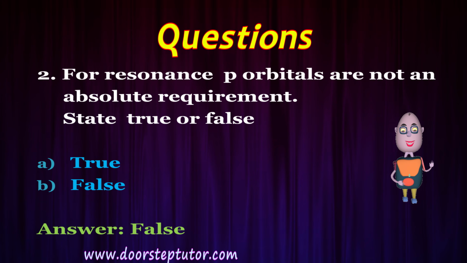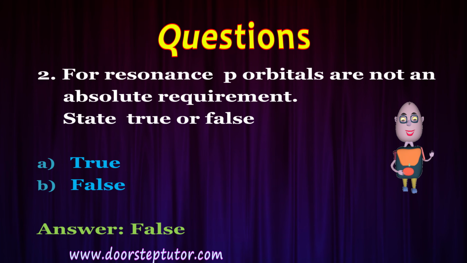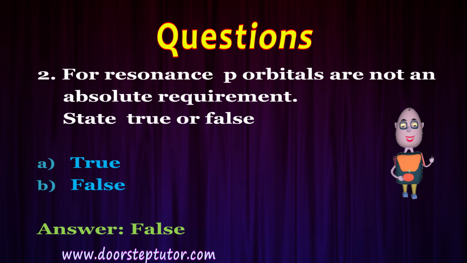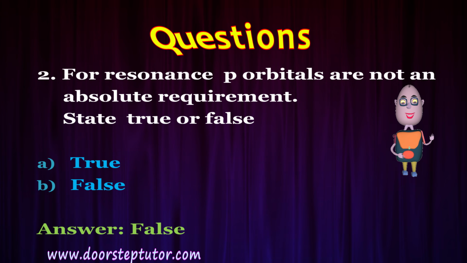State true or false. The requirement of p orbitals for resonance is absolute, it's necessary. So the answer will be false.